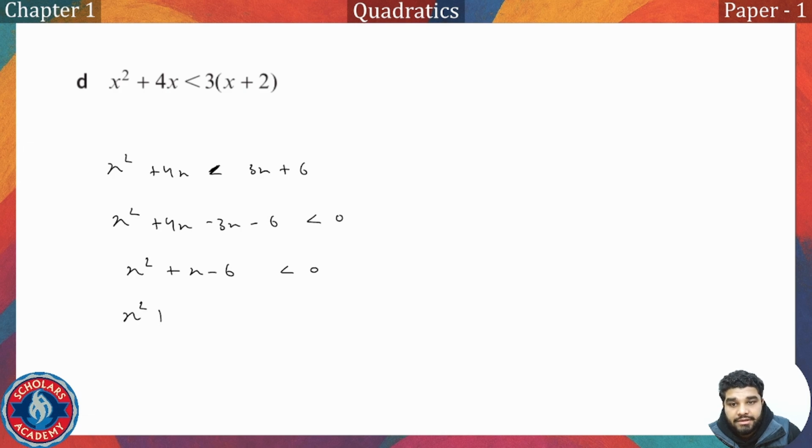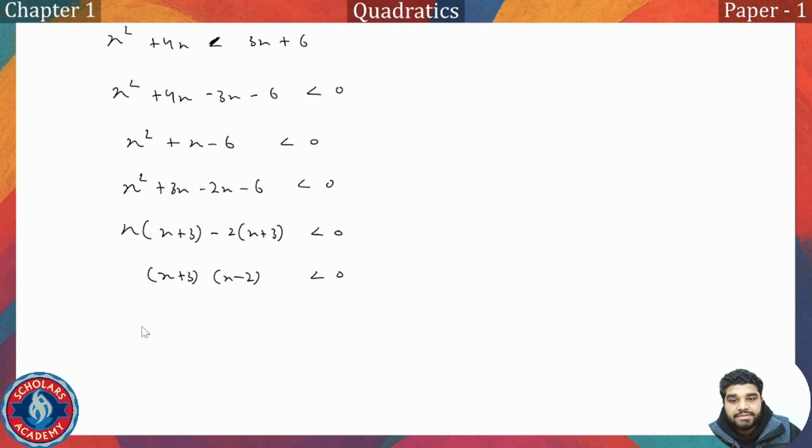So x square plus 3x minus 2x minus 6 is less than 0. If we take common, x plus 3 and minus 2, x plus 3 is less than 0. So (x plus 3)(x minus 2) is less than 0. So the factors over here give x equal to negative 3 and x equal to 2.